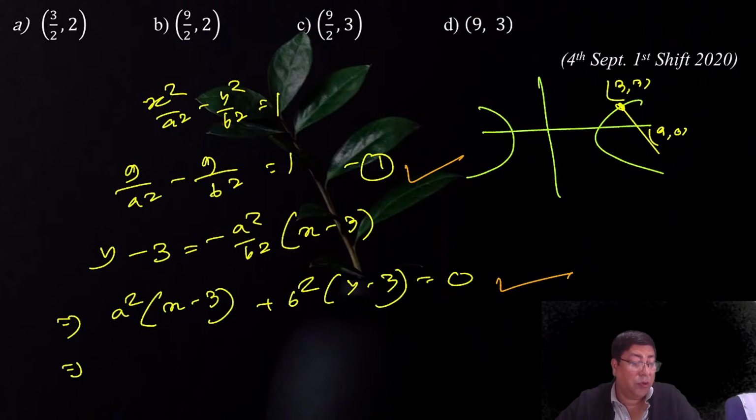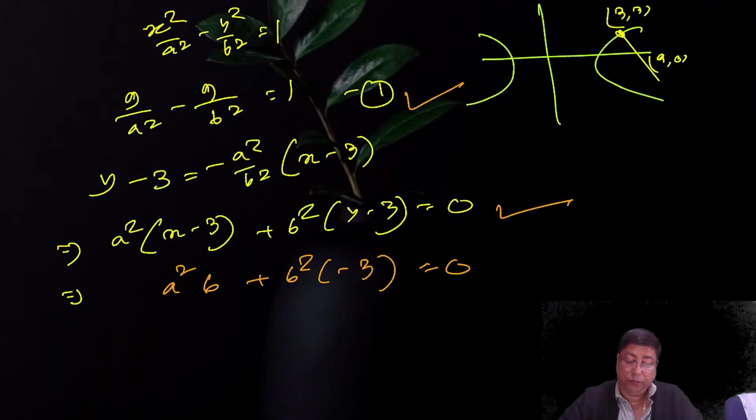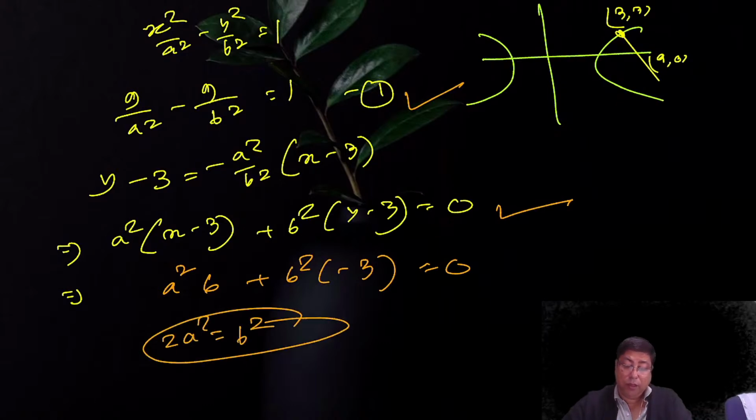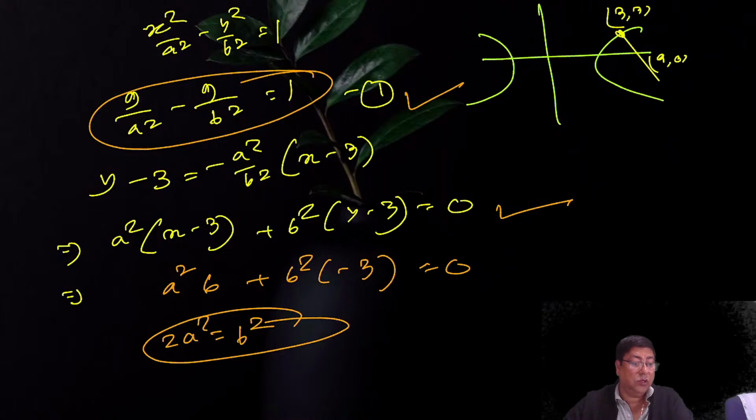So instead of x and y, put (9, 0). If we put the value (9, 0), we are getting a square into 6 plus b square into minus 3 equal to 0. So 6a square, so 2a square equal to b square. We got it, and from this, let us solve it.